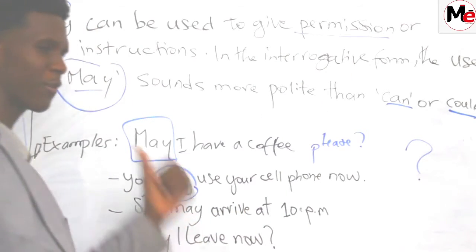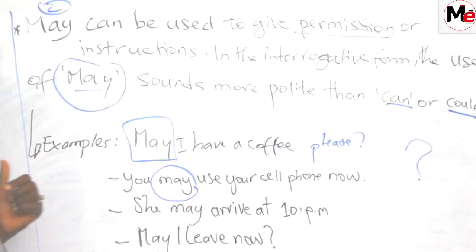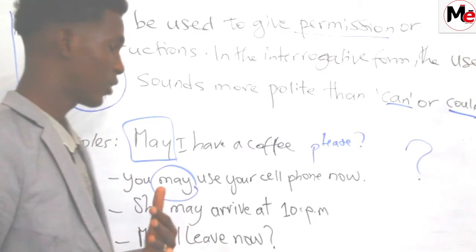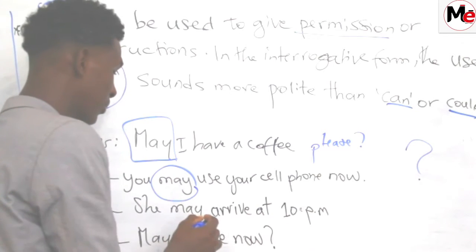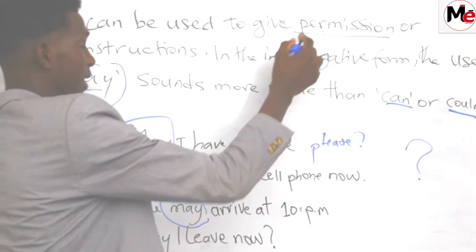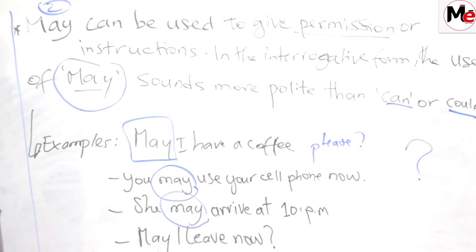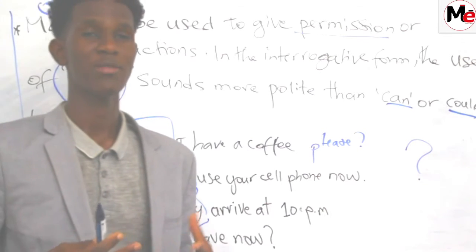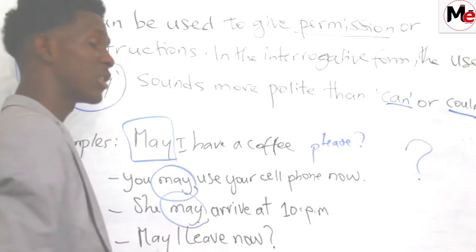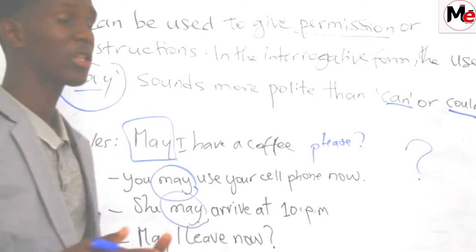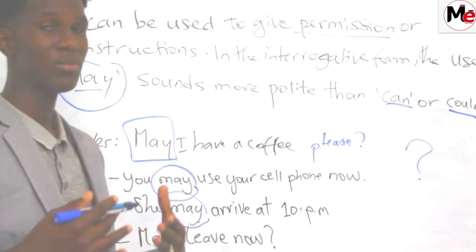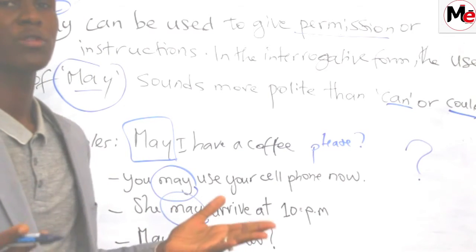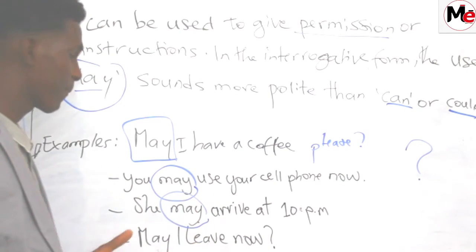It seems like the first one, which is possibility, but it's not. This is both possibility and permission, but here we're talking about permission. There's a possibility she arrives at 10 p.m., but this is a permission. She's being given permission that she can arrive at 10 p.m. if she wants to.